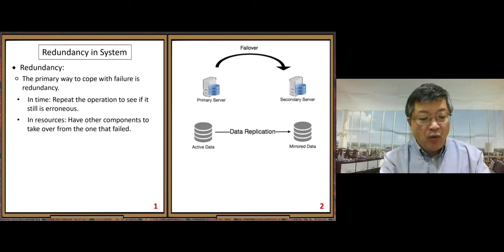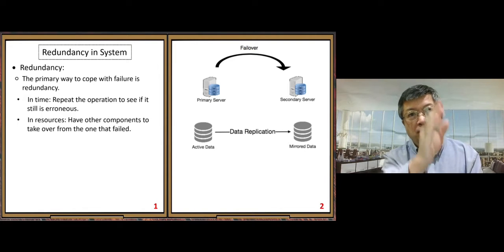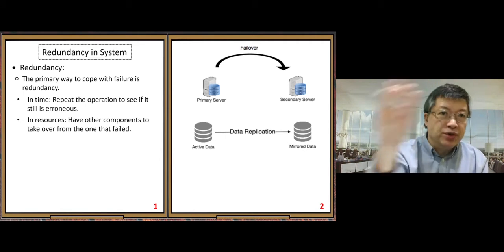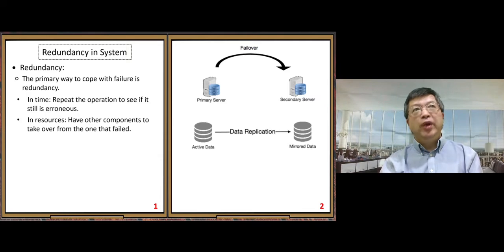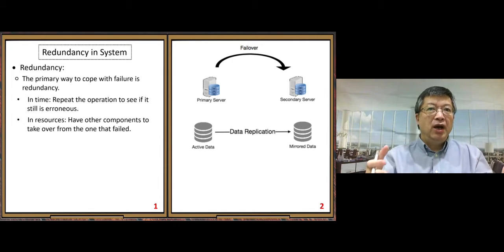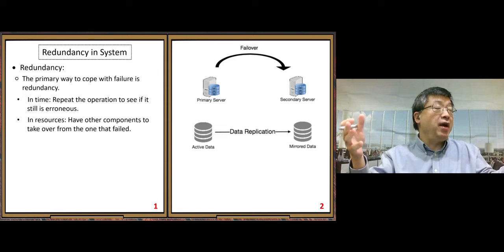But the second one is more popular. Usually most of the time people use this meaning, in resources. We add redundancy in resources. Have other components to take over from the one that failed.